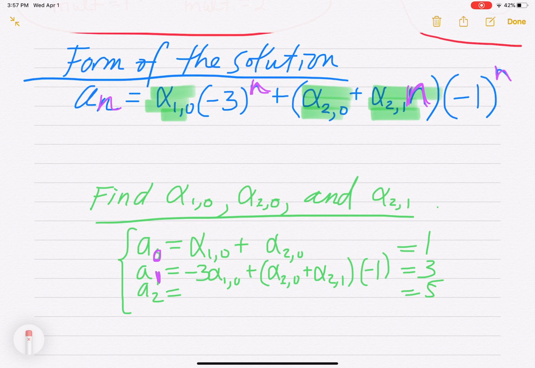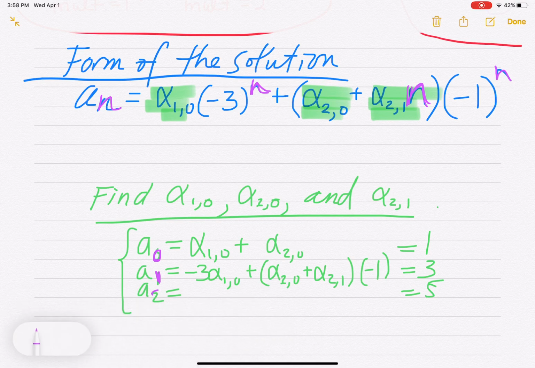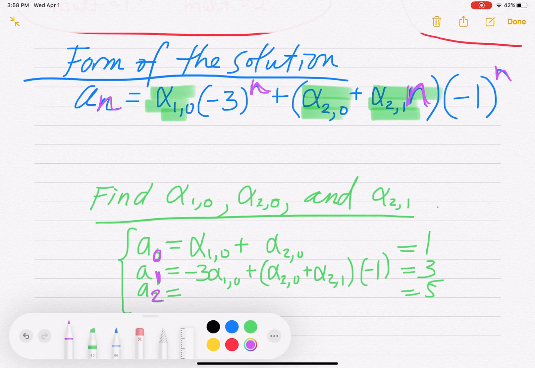All right, now on to the last equation. So I'm plugging in 2 for n in the form. When I do that, I plug in negative 3 squared, which gives a 9.